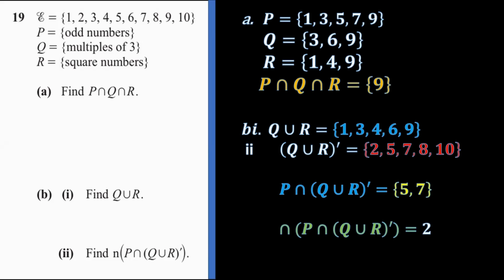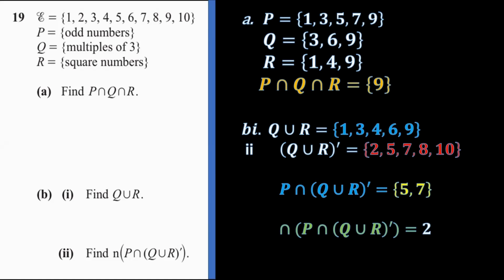Then the II, the BII, we are looking for the number of elements in P intersection Q union R complement. How I handle this will help us to also understand the concept of complementation.